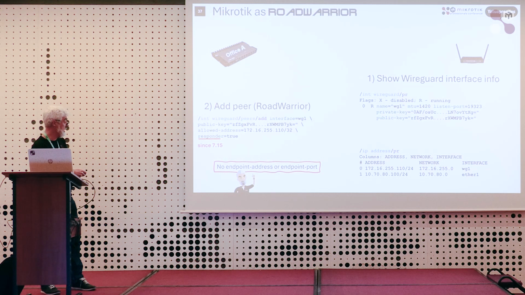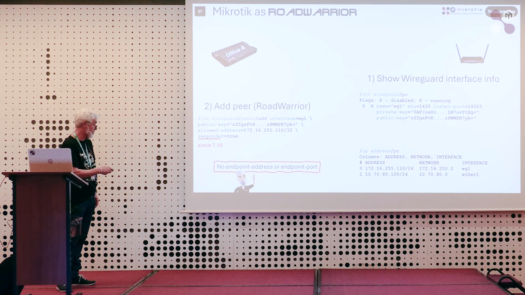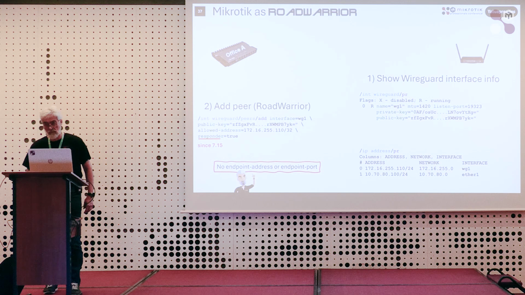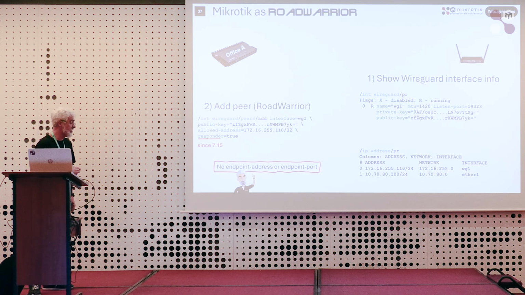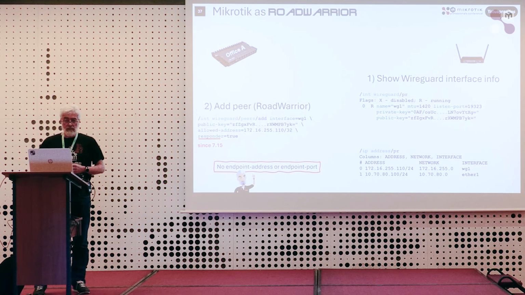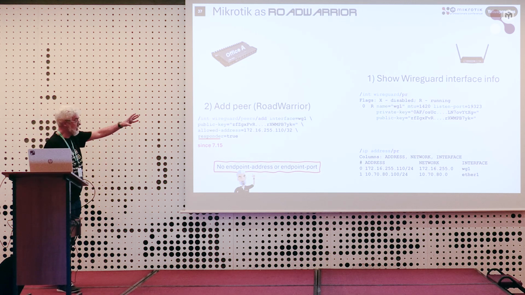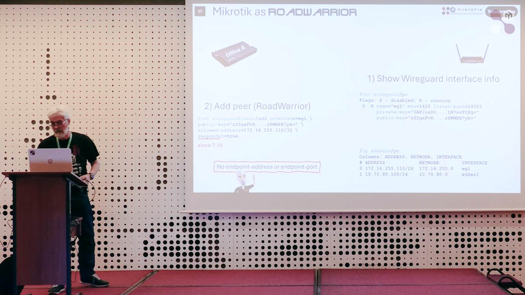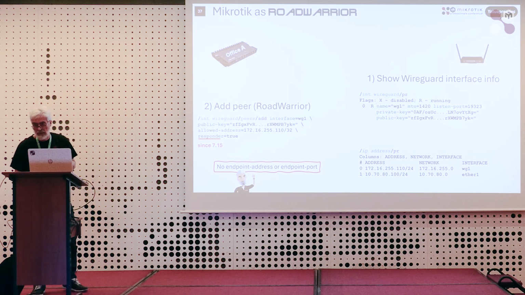We only set the public key, allowed address, and responder true. This parameter is only available from version 7.15 of ROS 7. Not the endpoint address or endpoint port, because WireGuard is roaming compliant. It uses the last IP and the last port seen on the packet to respond to the other party.